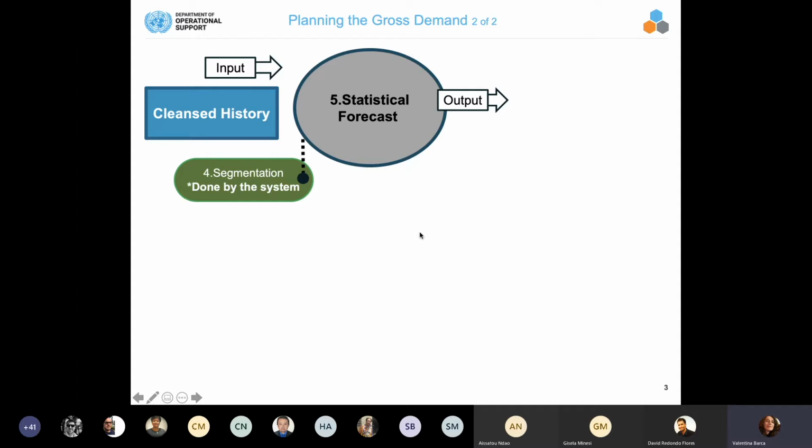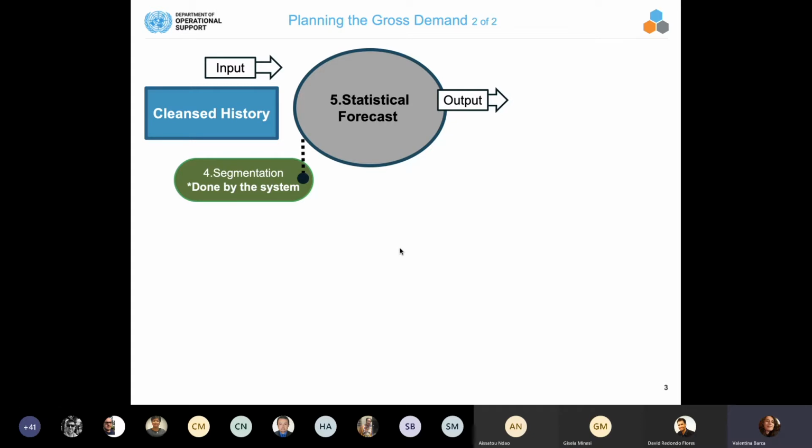In the statistical forecast, we have 2 different paths. One is followed by the continuous data, which went through the classification and the cleansing. These data are analyzed by the statistical forecast process using 2 methods.